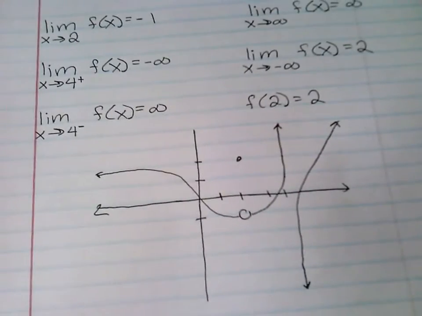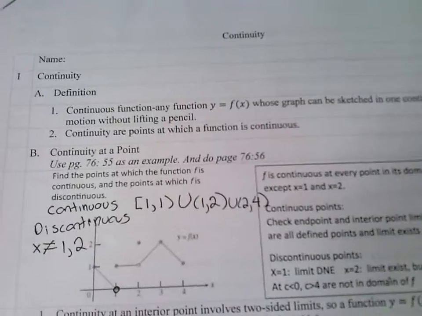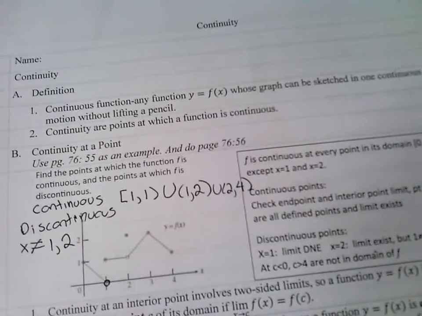Okay, so let's go to continuity at a point. A continuous function is any function y equals f of x whose graph can be sketched in one continuous motion without lifting a pencil. Continuity refers to all points at which a function is continuous.